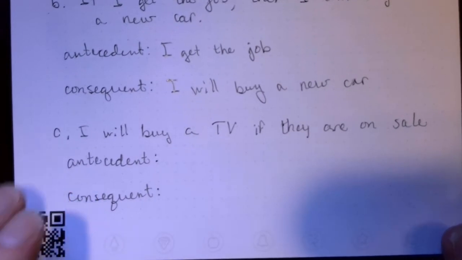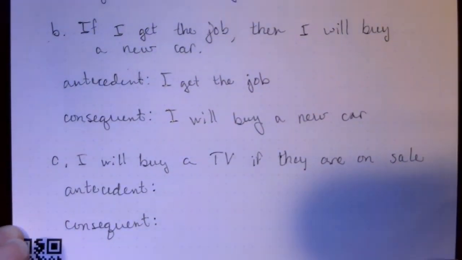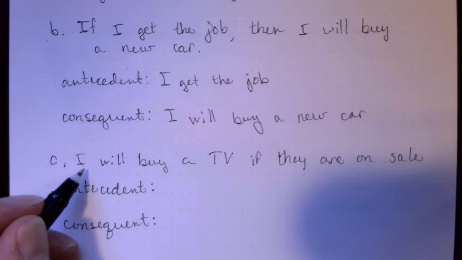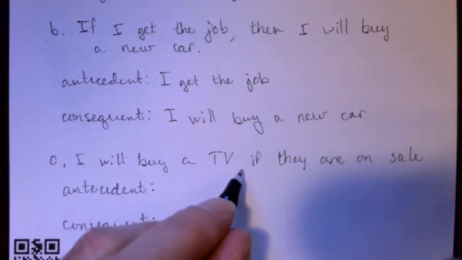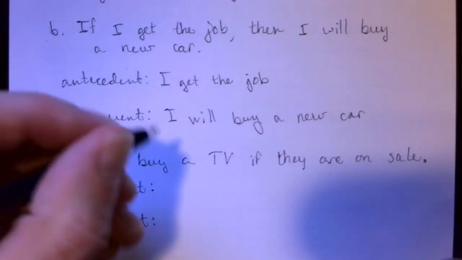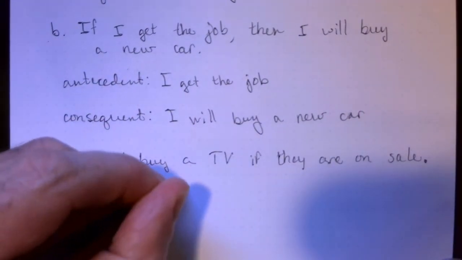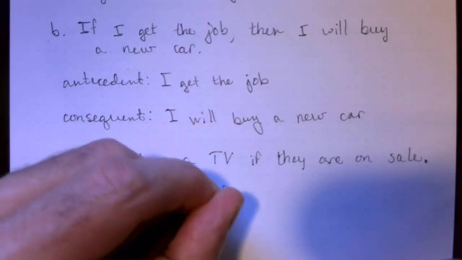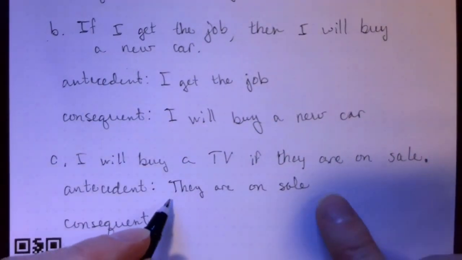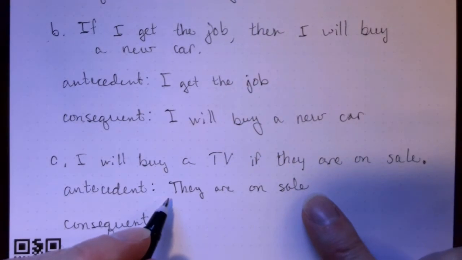Okay, let's look at one more. I don't want you to get the idea that the antecedent always comes first, because sometimes we can say these things in slightly different ways. I will buy a TV if they are on sale. The antecedent here is they are on sale. This is the conditional part.